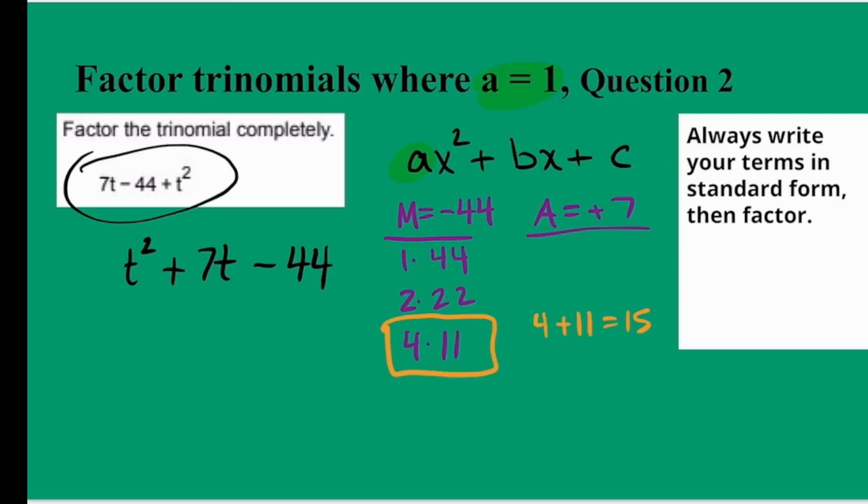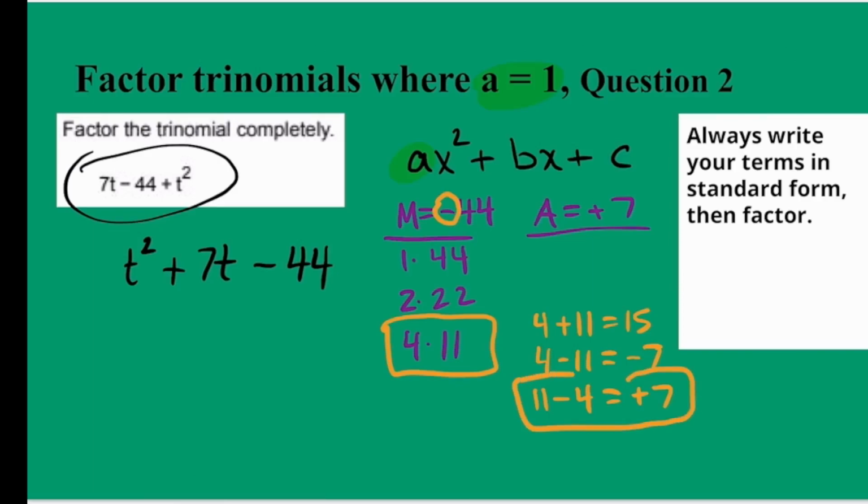If I do 11 plus 4, it's also going to give me 15. If I do 4 minus 11, it's going to give me negative 7. And if I do 11 minus 4, it's going to give me positive 7. Because they're multiplying to a negative number, you have to check all the adding and subtracting.